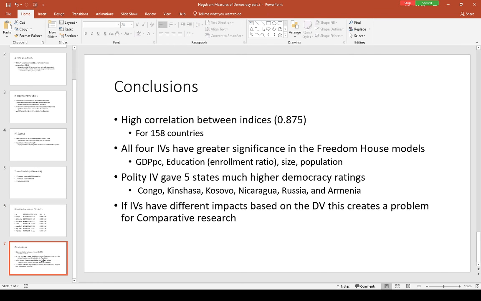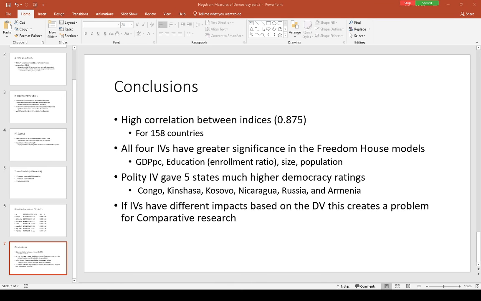So what matters here is we're measuring how democratic a state is, or how free a state is. But our measures aren't all the same. They're not all the same measures, and so what he finds out is why there is a high correlation. If you take the Freedom House and the Polity 4 indices, with only including 158 countries, they're the same about 87% of the time, 87 to 88% of the time.